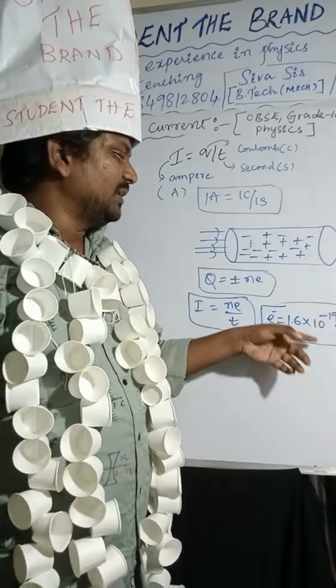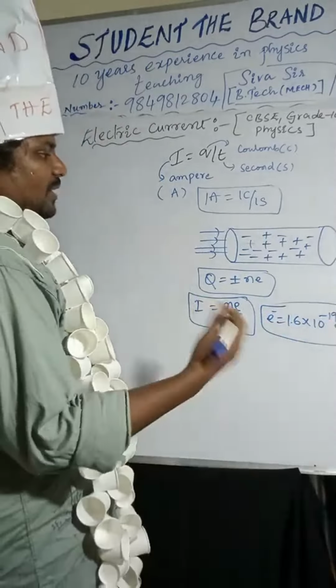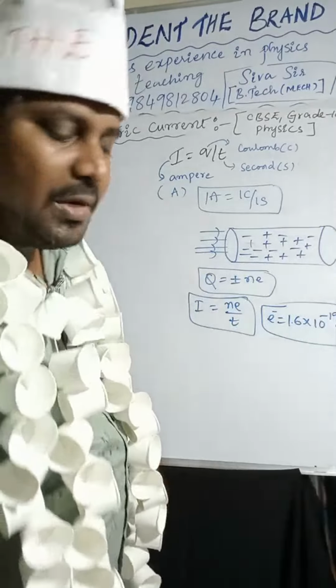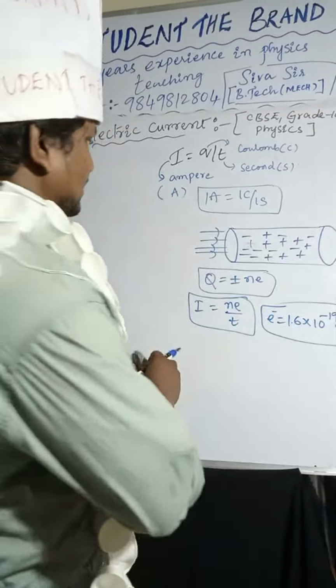Then in one coulomb, how many electrons are present? We'll discuss now. So here you can see.